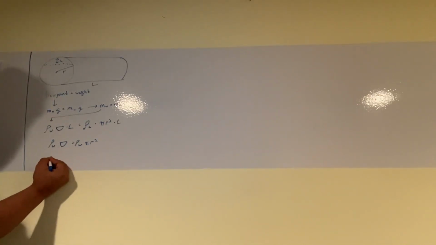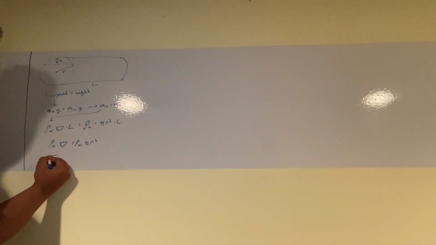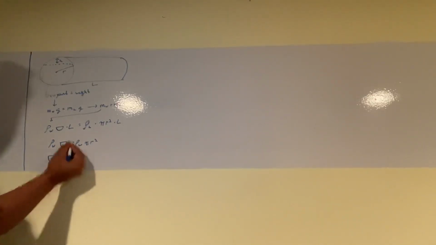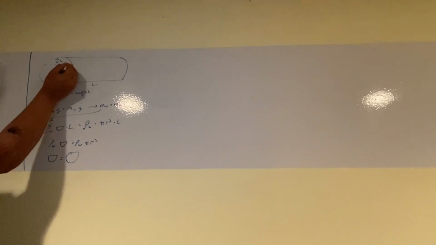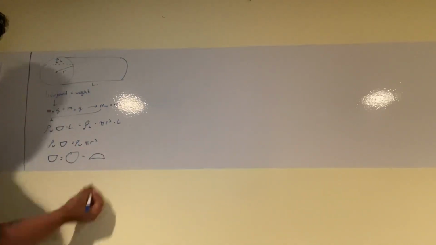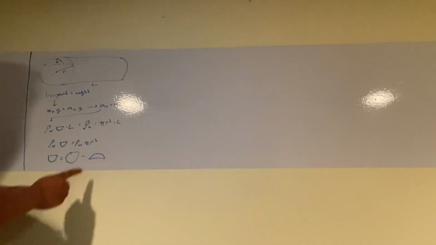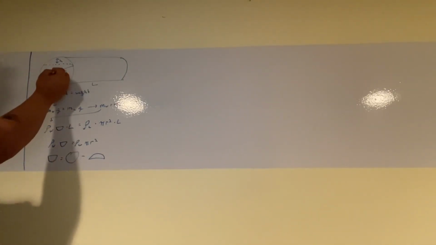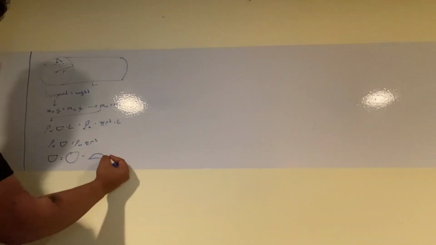So we know that this is equal to the large circle minus this part up here. In order to solve for this part, we're going to use this triangle right here.